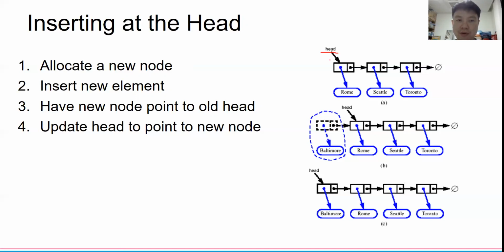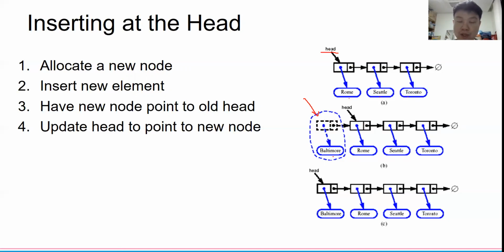Whenever we have a new element, let's look at insertion at the head. If we insert at the head, it means we allocate a new node, insert the new element, have the new node point to the old head, and update the head to point to the new node. Let's say the new one is Baltimore, and the nodes we already have are Rome, Seattle, and Toronto.